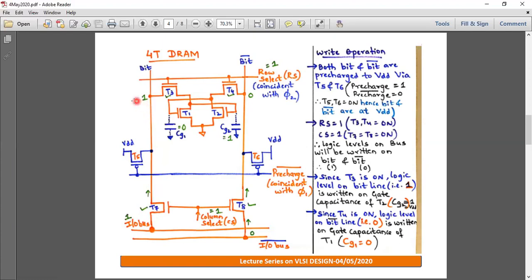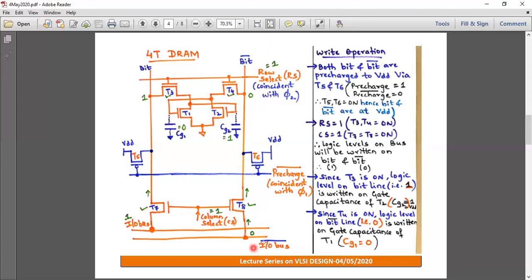So the bit line, before performing the write operation, was charged to VDD. Your input is also logic 1, hence this bit line will remain at logic 1, that is VDD. And the T8 transistor is also on because column select is 1. Hence, the logic level on the input output bar bus will be available on the bit bar line.